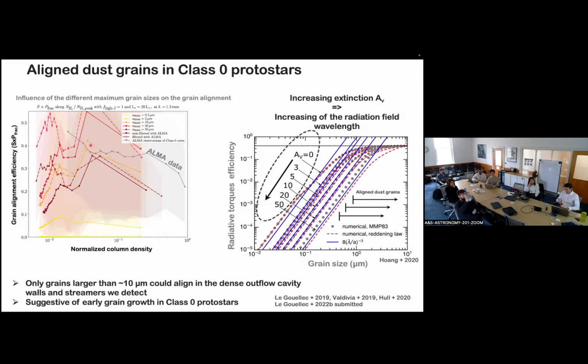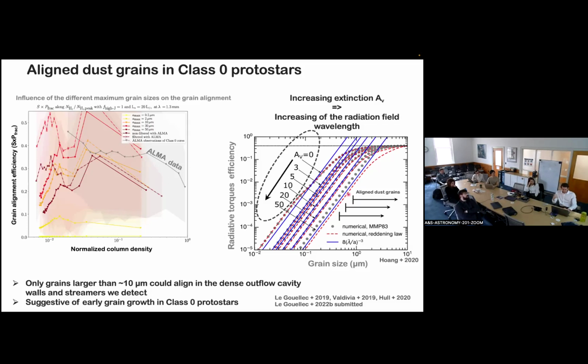You can see that on average, you need to implement large dust grains compared to the typical ISM to reproduce the grain alignment efficiency. So using this polarization, you can probe dust grain growth in Class 0 cores and map this intermediate step of grain growth between ISM dust grains and the large millimeter grains you see in protoplanetary disks.